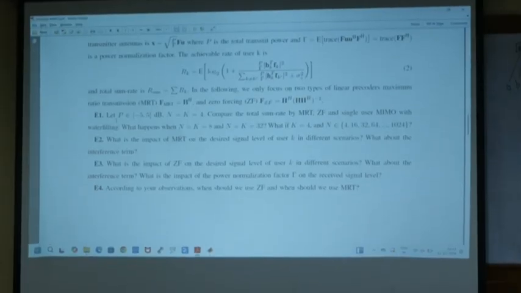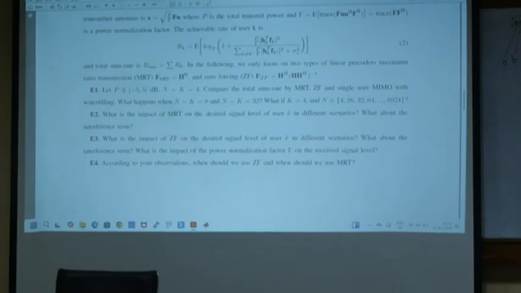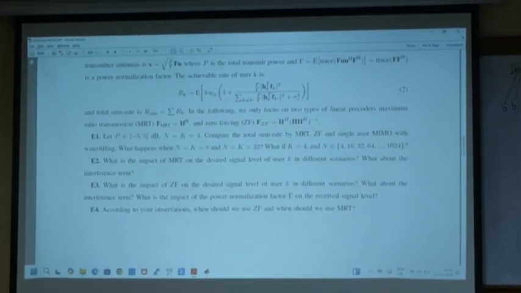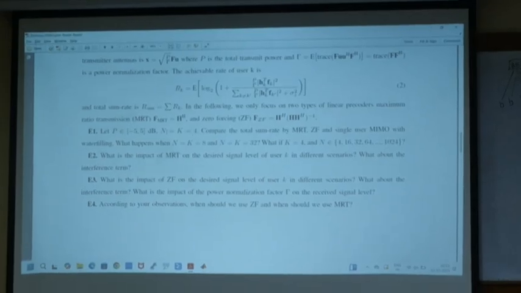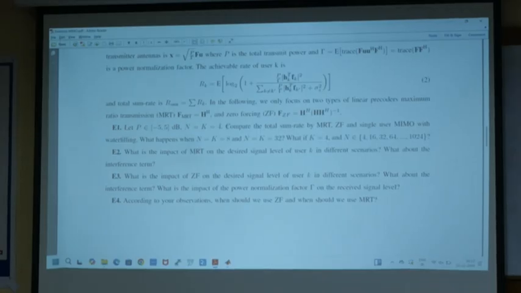Exercise. In this exercise, let P be in minus 5 to 5 dB, N equal to K equal to 4. It means number of antennas at base station are 4, number of users are 4.